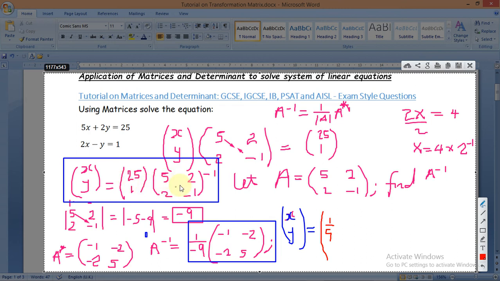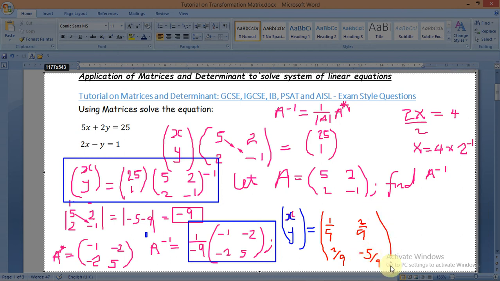You just use this to multiply because it's row to column, so the row should come first. So just write out this now: 1 over 9, then 2 over 9 here. That is the inverse matrix. Then this is 2 over 9 here too. And finally this is minus 5 over 9.